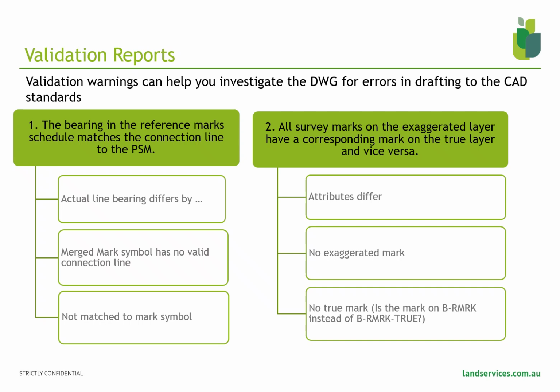For survey marks, make sure every mark on the exaggerated layer has a matching mark on the true layer and vice versa. Common warnings here include attributes differing between exaggerated and true pairs, missing exaggerated marks, or marks sitting on the wrong layer, for example on BRMRK instead of BRMRK true.